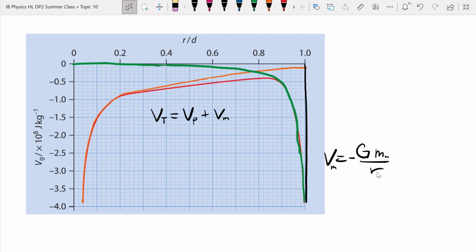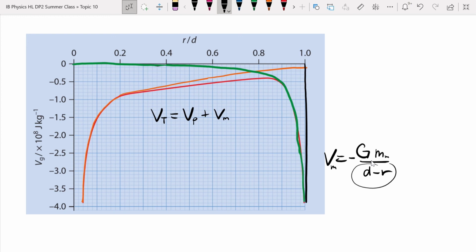So instead of having r, it's going to be d minus r. This is a positive number between 0 and 1.